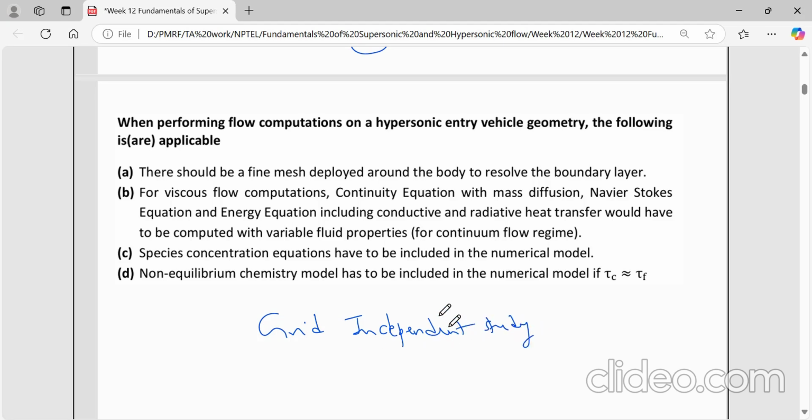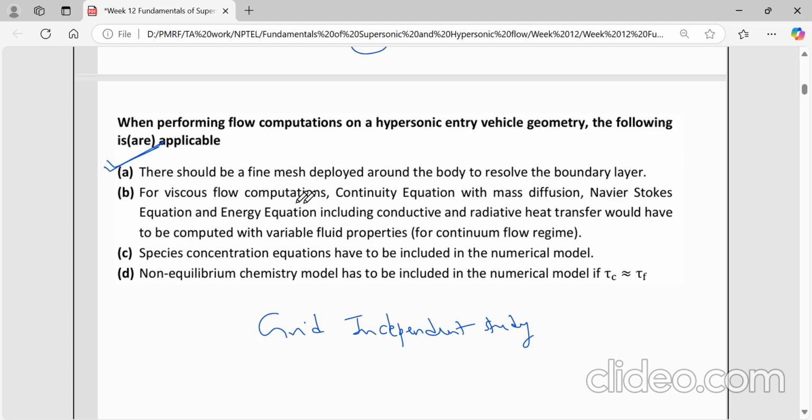In this study we try to make finer and finer meshes and check after what mesh the flow properties are not changing. Then we use that mesh for the computation. So this statement is true.